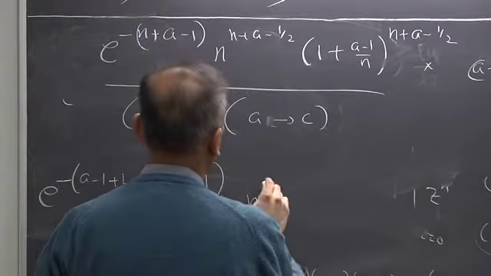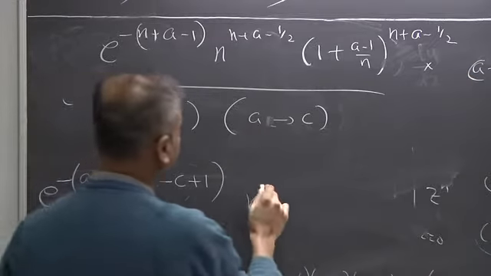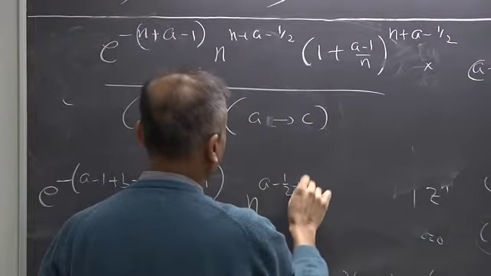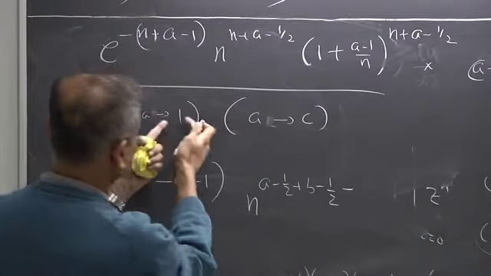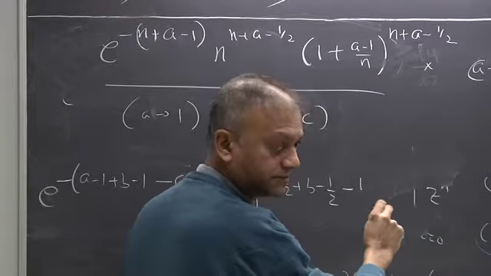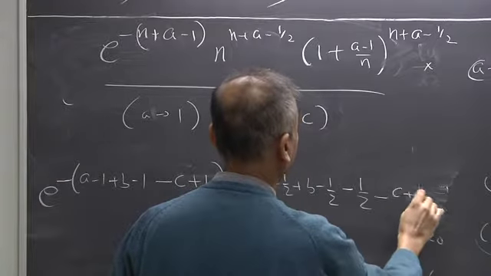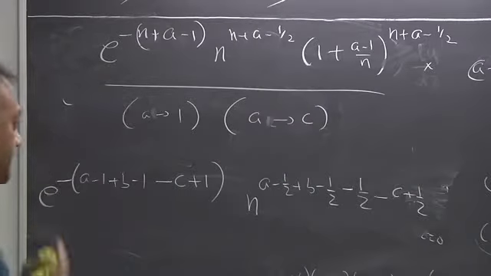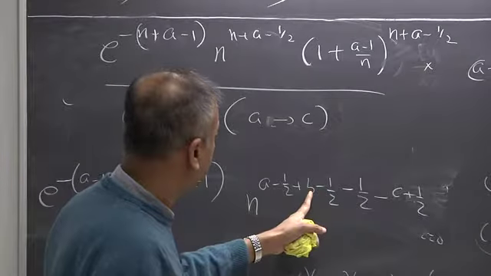Again, n to the n will cancel from 4 terms. So you get here n to the power of a minus half plus b minus half minus 1 minus half, which is minus half, and then minus c plus half. This is a plus b.